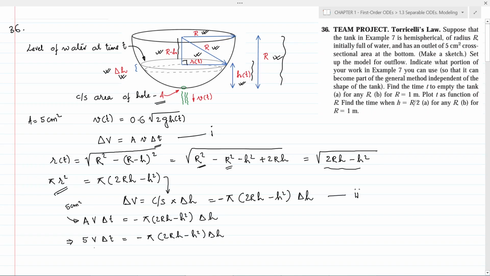Now, in this equation we can substitute the value of V from Torricelli's law, and we can rewrite this equation as 5 multiplied by 0.6 square root of 2gh multiplied by delta t equal to minus pi (2Rh minus h squared) delta h.